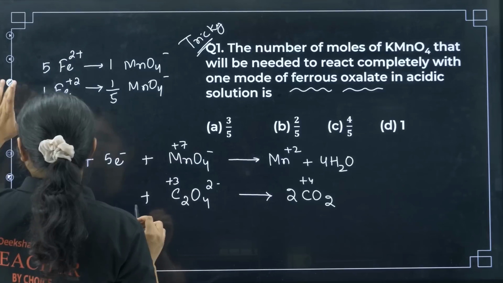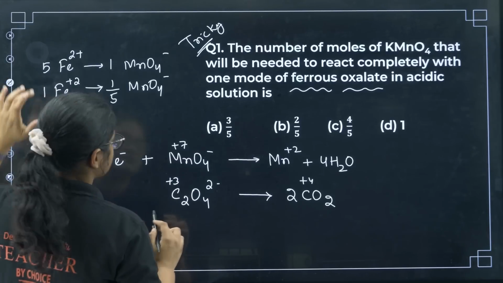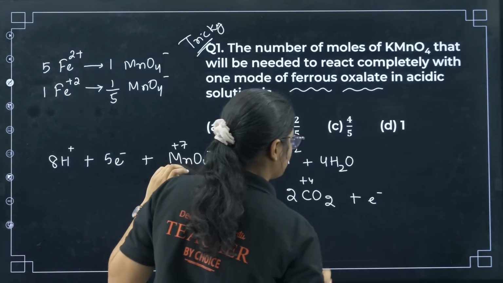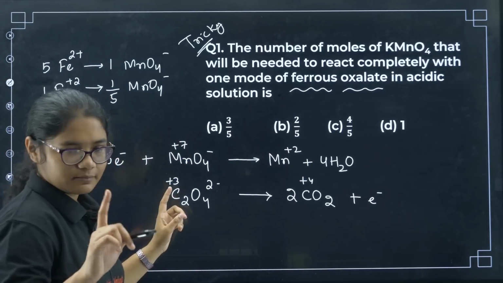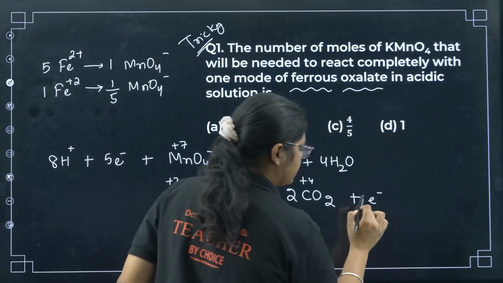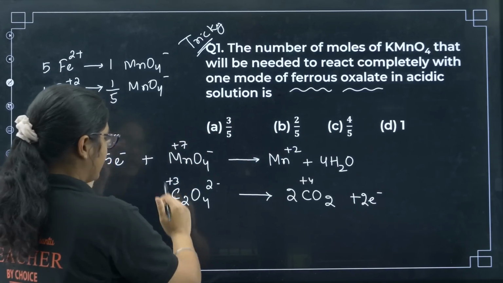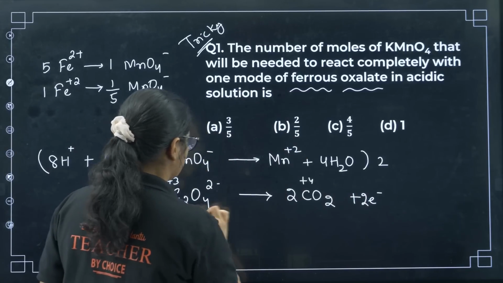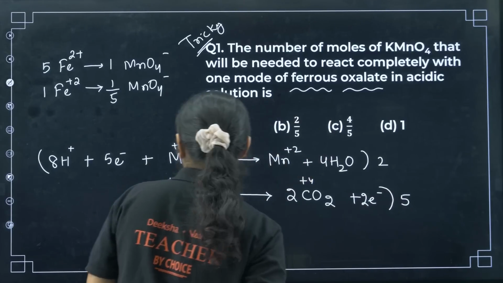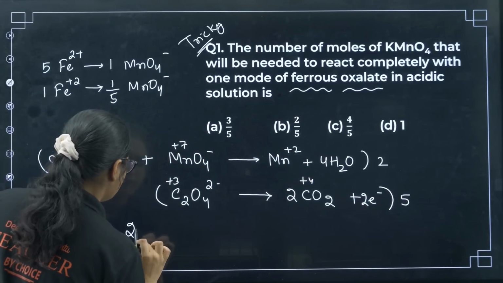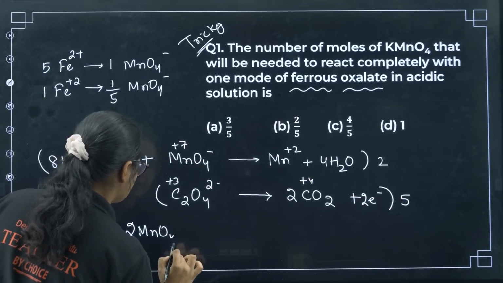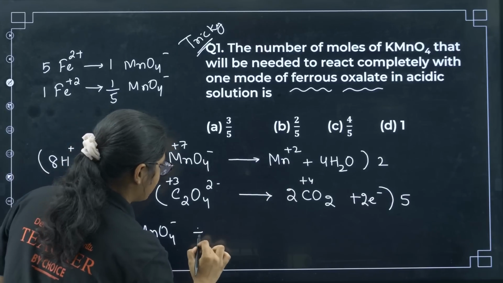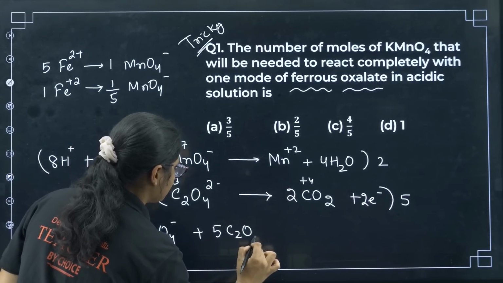So there is a loss of 1 electron here for 1 carbon, but here we have 2 carbon, so it has to be for 2 carbon. To balance, the number of electrons should be the same, so I'll multiply this with 2 and this with 5. I get 2 MnO4 minus and 5 C2O4 2 minus.